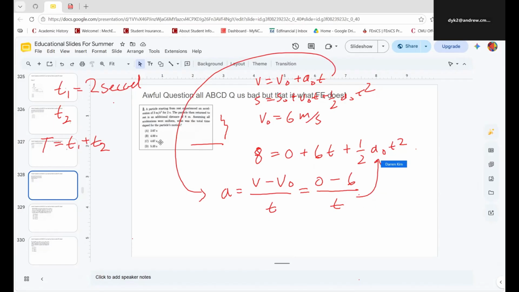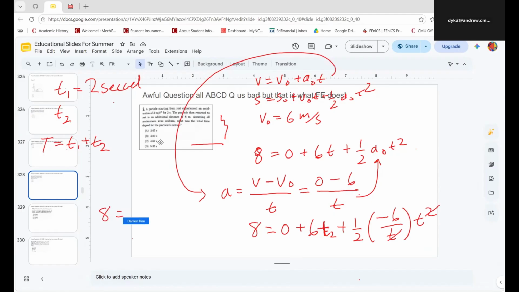So if you plug this in here, we get 8 equals 0 plus 6 t2 plus 1/2 parentheses negative 6 divided by t2, over t2 squared. t squared drops out. So basically we have 8 equals 0 plus 6 t2 plus 1/2 negative 6 t2.